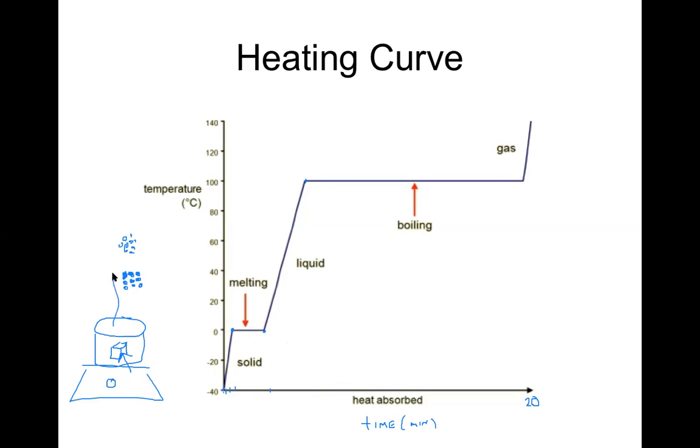And at this point, we obviously don't have an ice cube anymore. What we have in here is a bunch of liquid. And as we get to 100, it starts to change phase. It's starting to turn to water vapor, which we call steam.